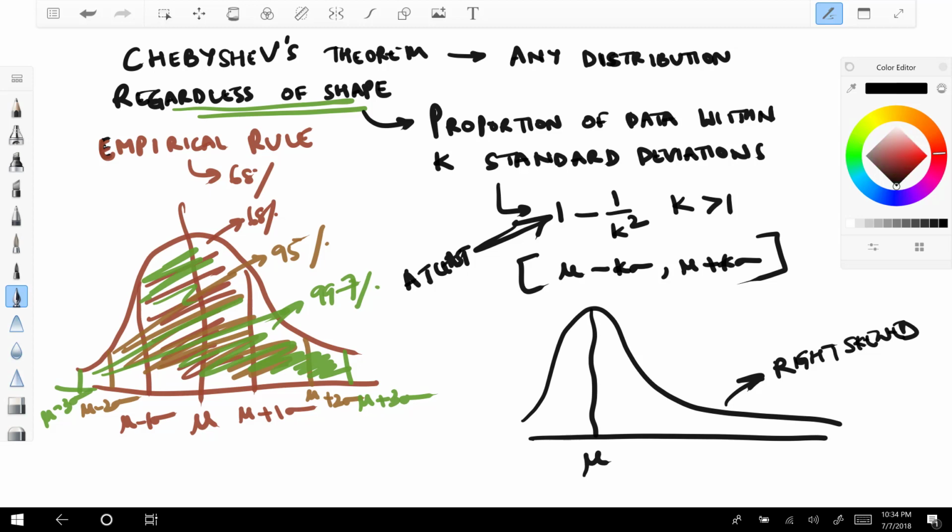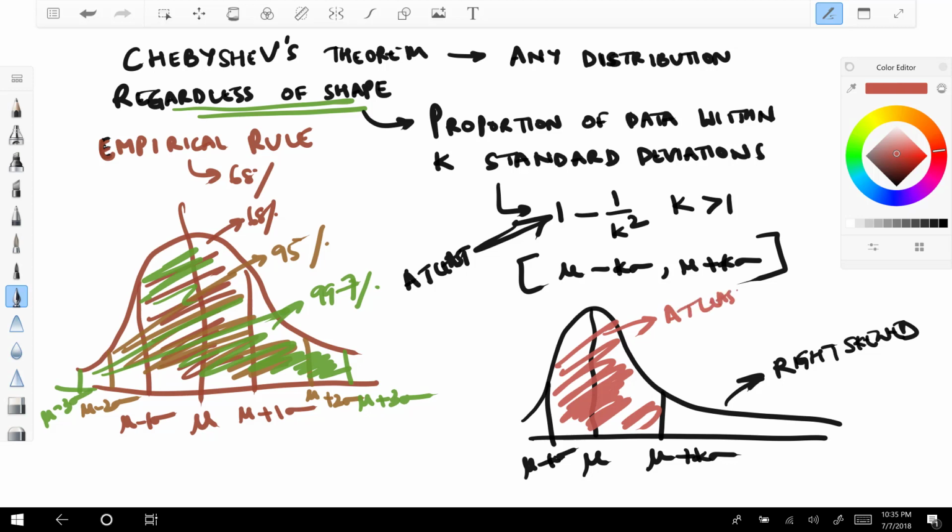So what Chebyshev's theorem is saying is, if this is mu minus k sigma and this is mu plus k sigma, so the amount of data in this area, or the percentage or the proportion of the data in this area, would be at least 1 minus 1 by k square.